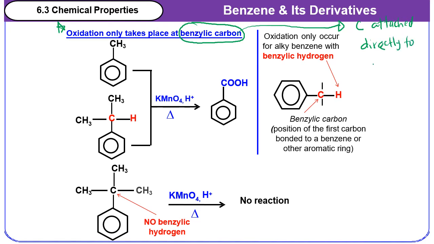We have 3 alkylbenzenes here, and we highlight the benzylic carbon in yellow, red, and so on. Each of these only has one benzylic carbon.